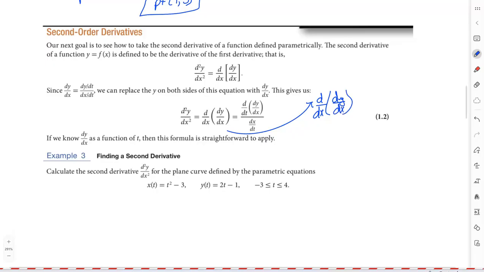and we found dy over dx by finding dy over dt divided by dx over dt. So I'm going to write that in. So d over dx, and we're going to find dy over dx by looking at dy over dt over dx over dt. So if we had 3 times some kind of fraction, what that means is we would take that 3 and think about it as 3 over 1.